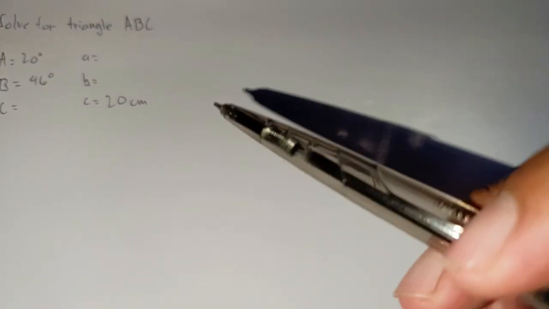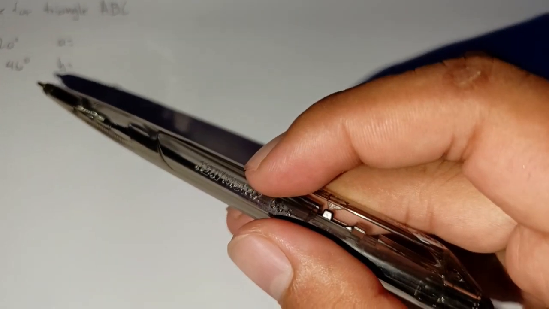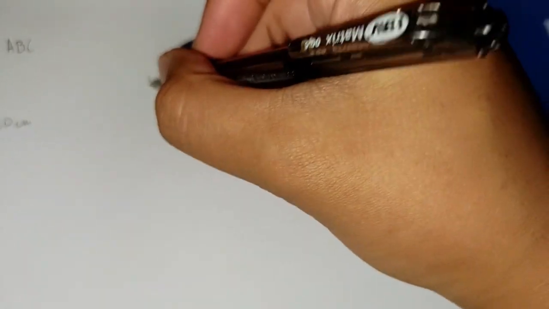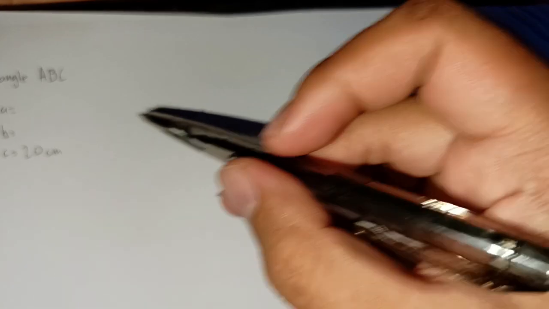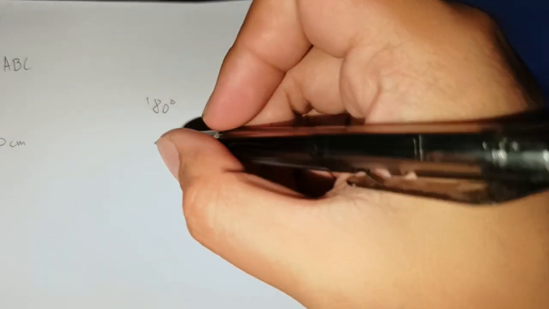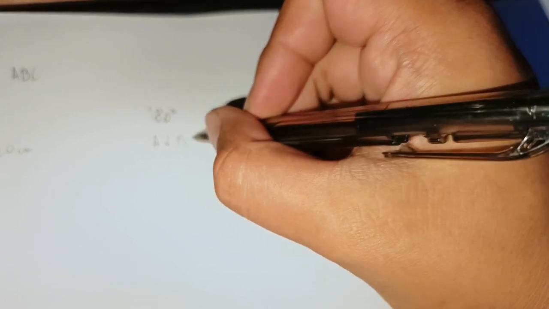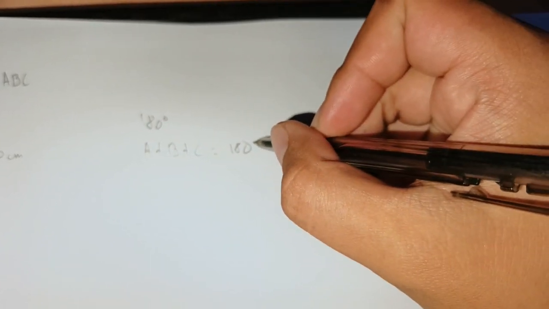The first step we need to do is finding the angle C. To find C, we use the fact that the sum of the measures of the interior angles of a triangle is 180 degrees. So we sum all the angles: A plus B plus C equals 180.